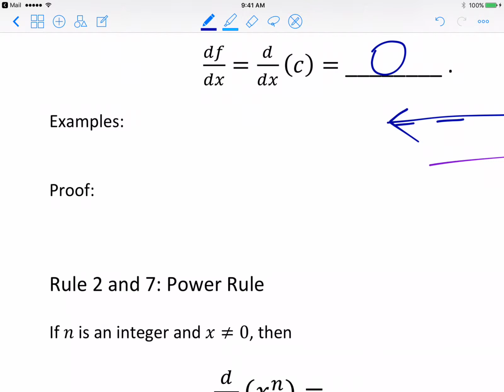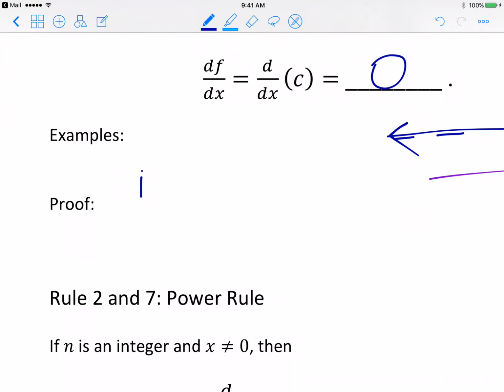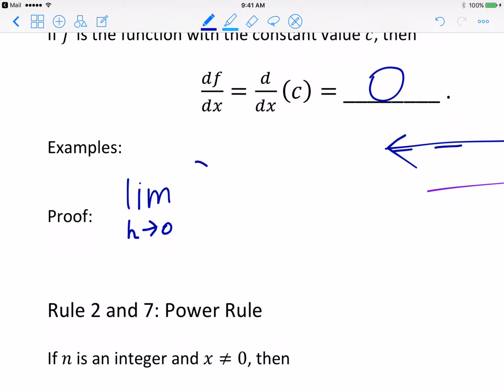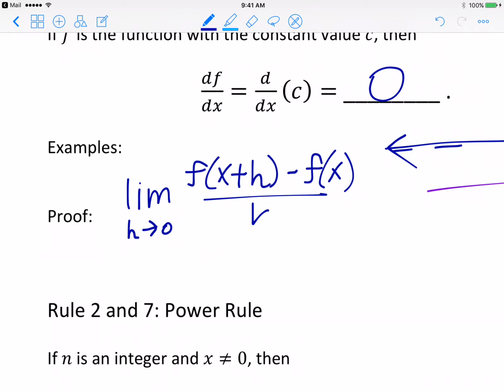Okay, because we know that the derivative is defined to be the value of the limit as h approaches 0 of f of x plus h minus f of x all over h. But in this case, we're dealing with a constant function.